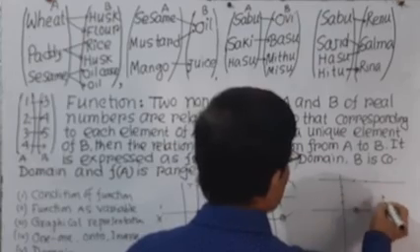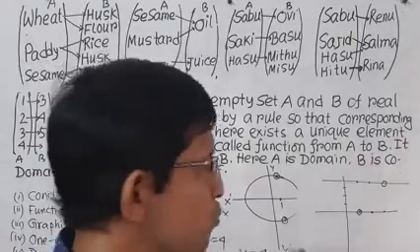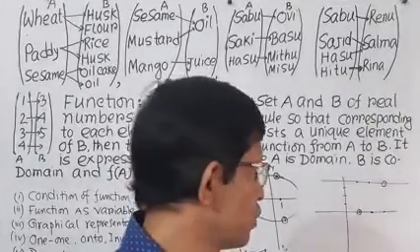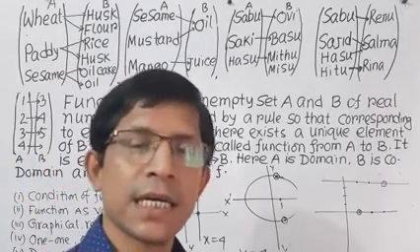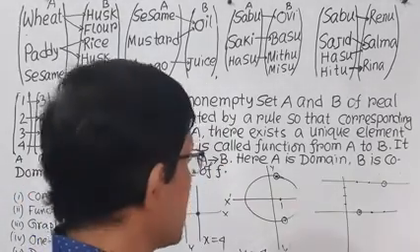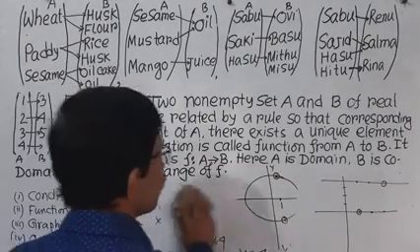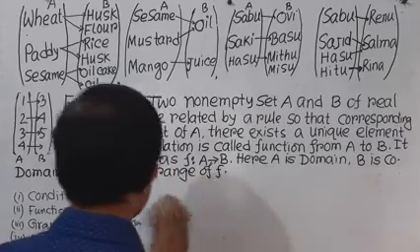Any value of x but one value of y. So for any input of the first set, you will get only a unique element of the second set. And this is the graphical representation of whether the function exists or not.